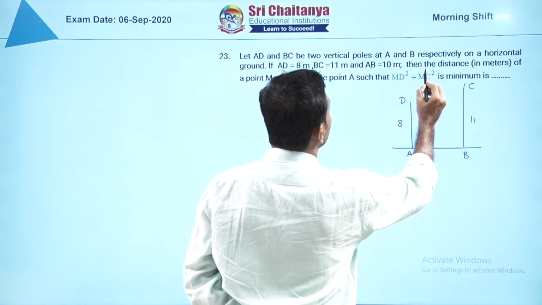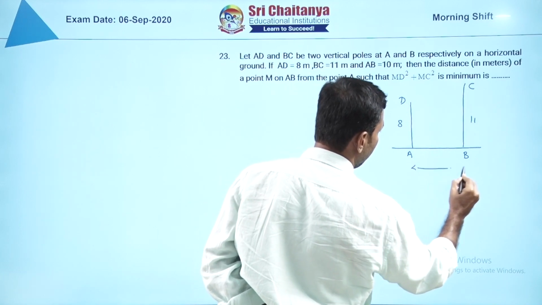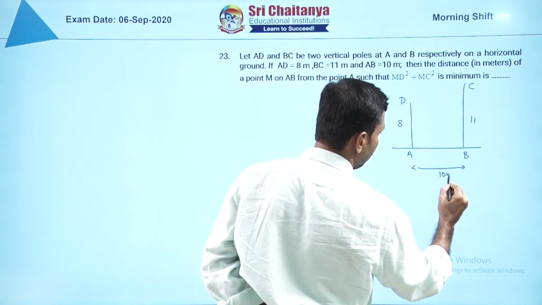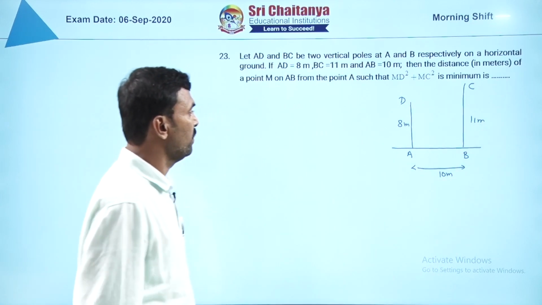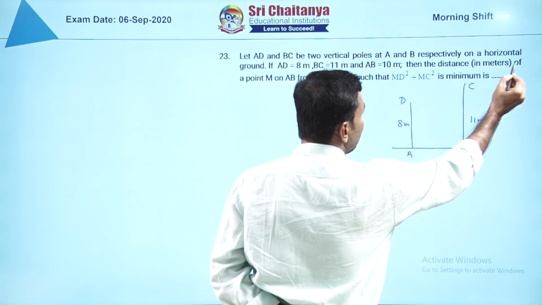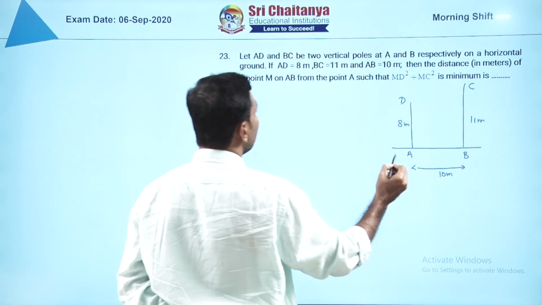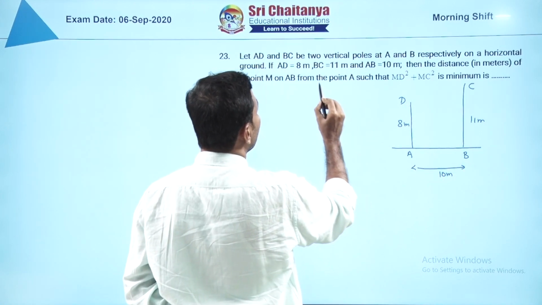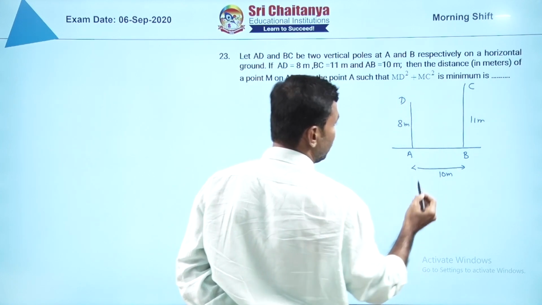Then AB is 10 meters, he has given this AB distance also, this is 10 meters. Now, then the distance in meters of a point M on AB, there is a point M, from the point A such that this is minimum.